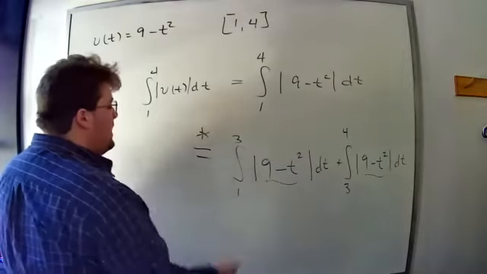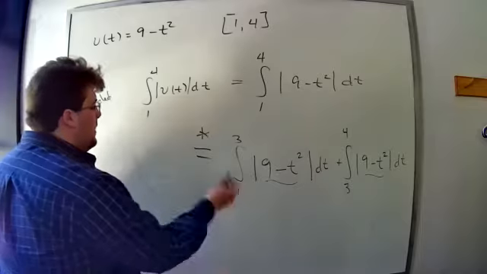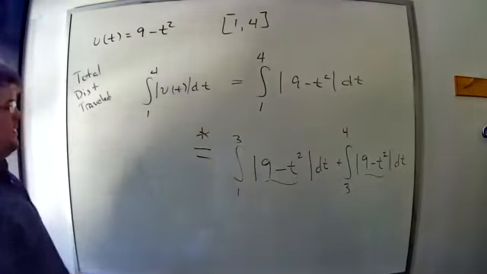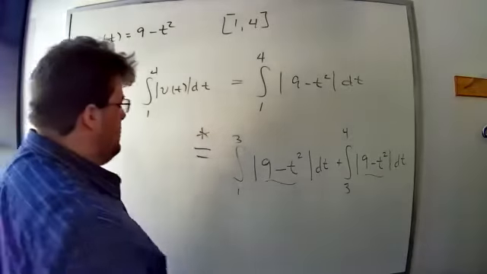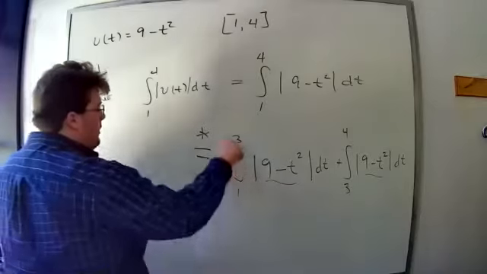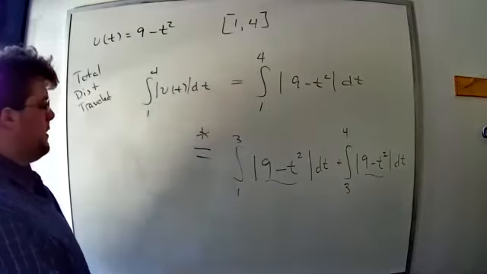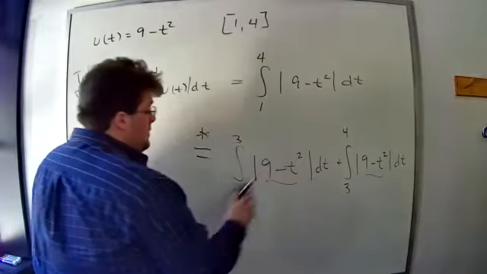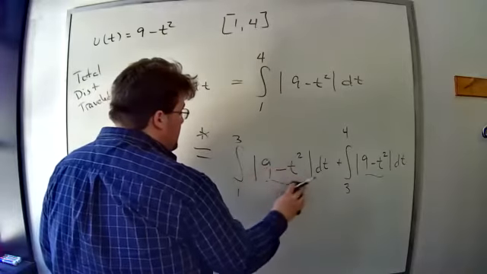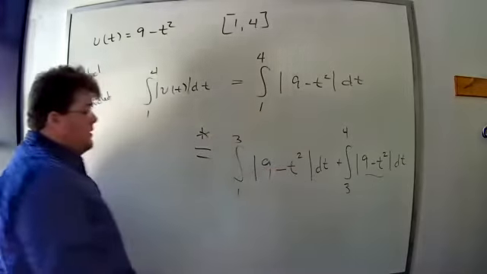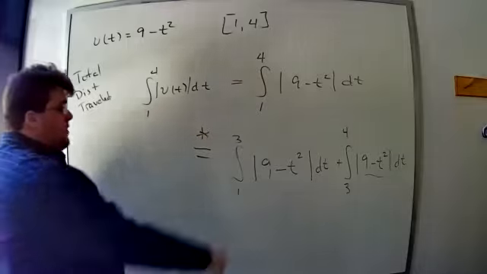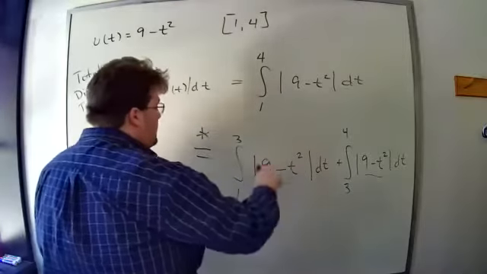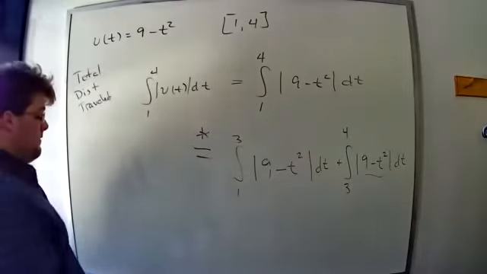But what do we need to do? We need to find whether the inside is positive or negative on each of these intervals. How are we going to do that? Well, take a number inside this interval. Between 1 and 3, 2. 2 is between 1 and 3. 9 minus 2 squared is 9 minus 4, which is 5. So on the interval 1 to 3, what's inside the absolute value is positive.